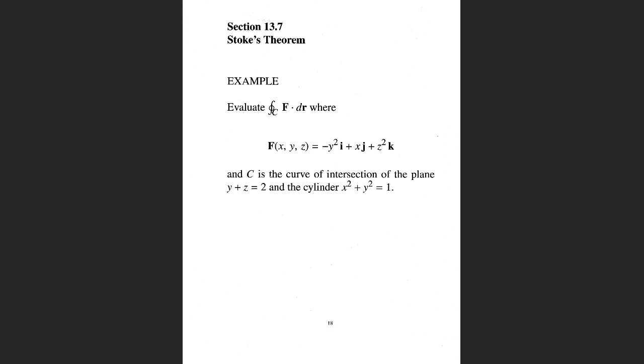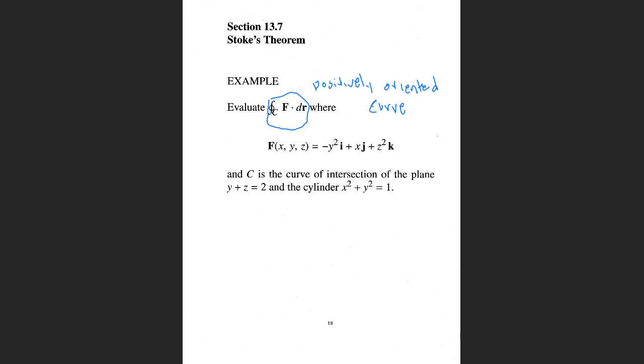So first of all, the notation here where you have the integral with the circle on it, the circle means you have a positively oriented curve. Positively oriented curve means that the normal vectors point upward from the surface.